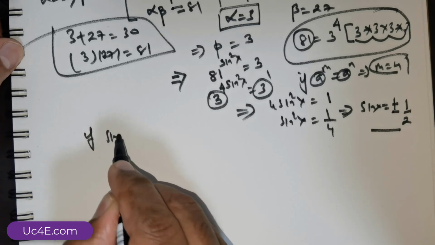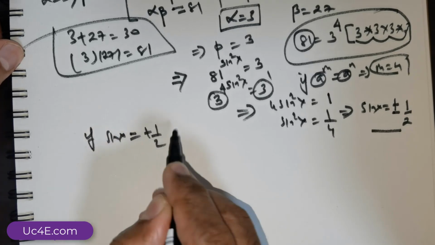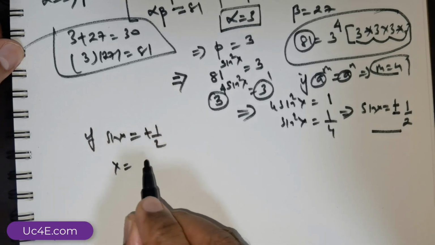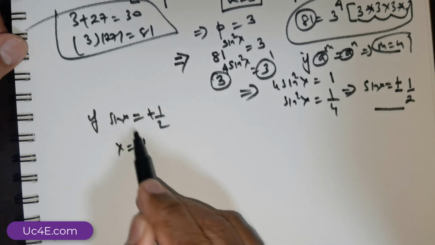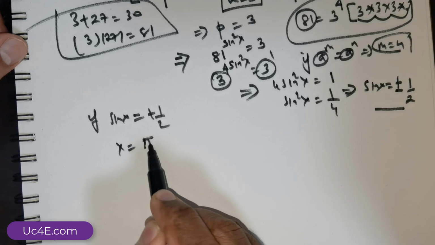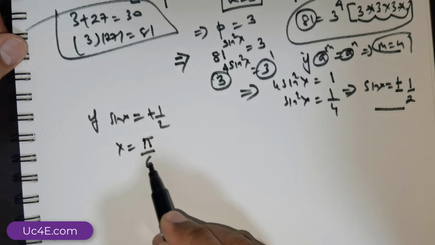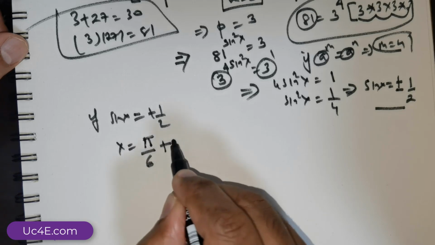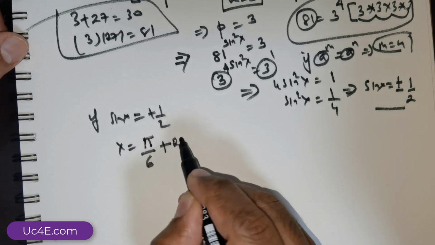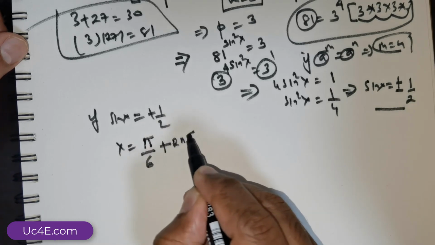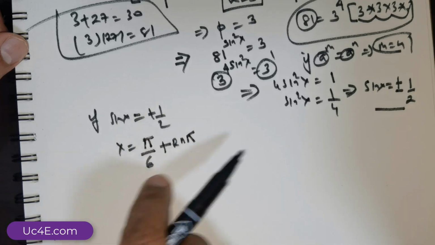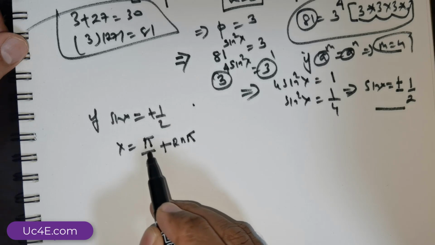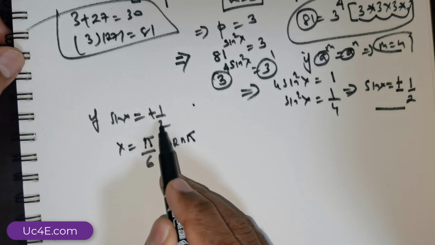Now if sine x is equal to positive 1 over 2, let me just take this value. That would mean x is equal to 30 degrees, right? But we can write 30 as pi over 6. Now if you want to generate all the solutions, x is going to be pi over 6 plus 2n pi. But x equal to pi over 6 is not the only value that is producing 1 over 2.